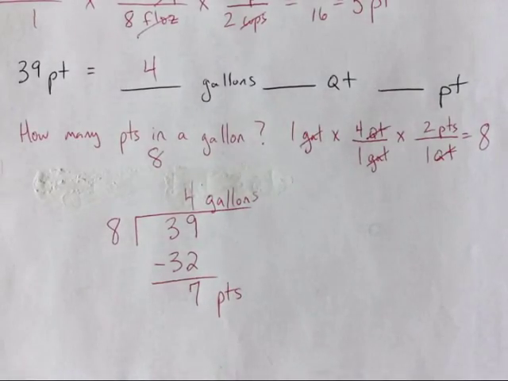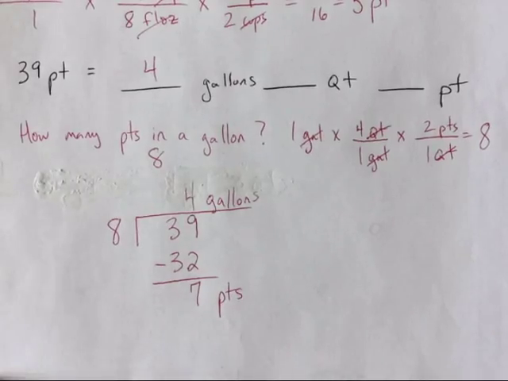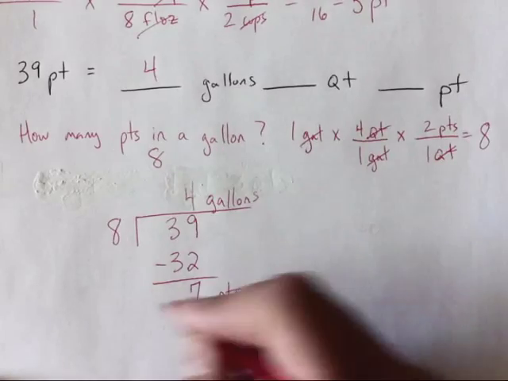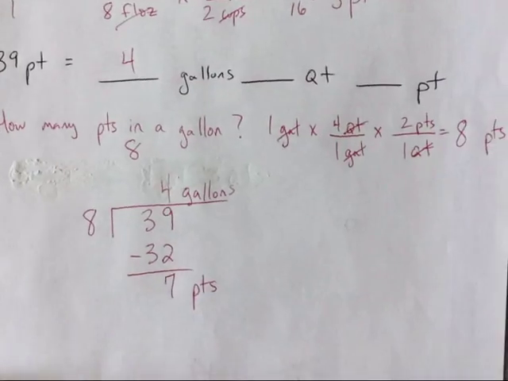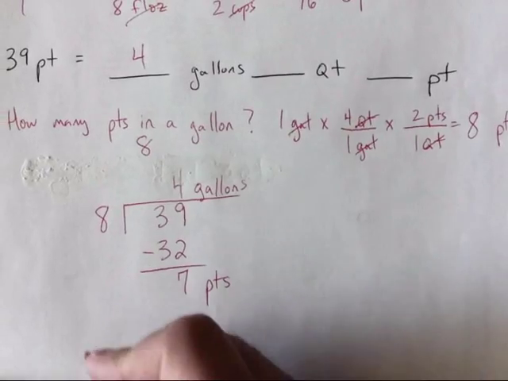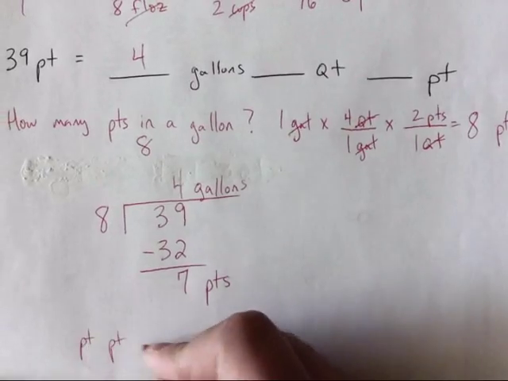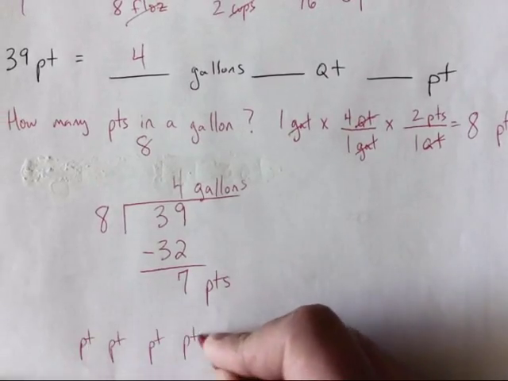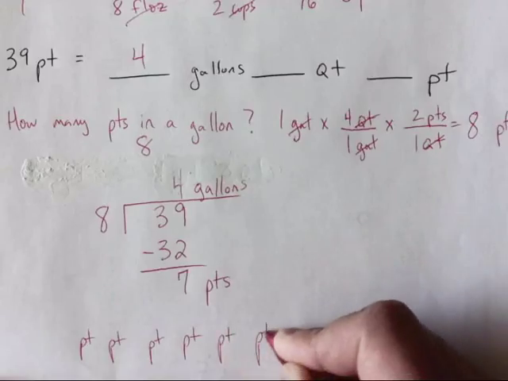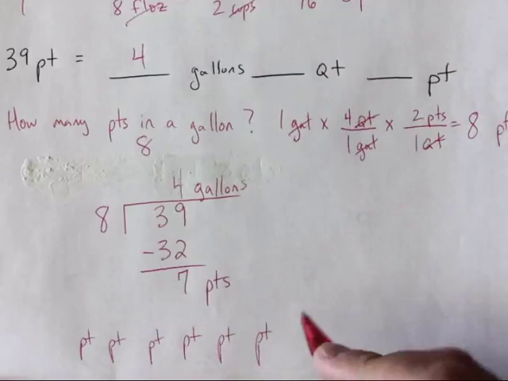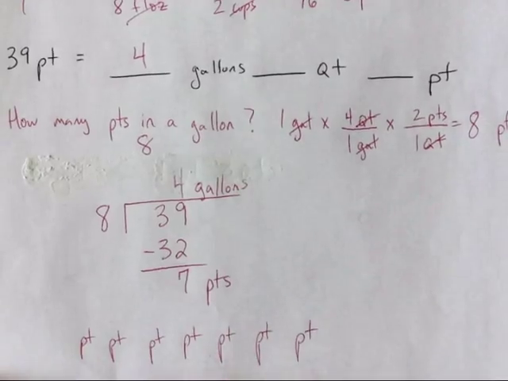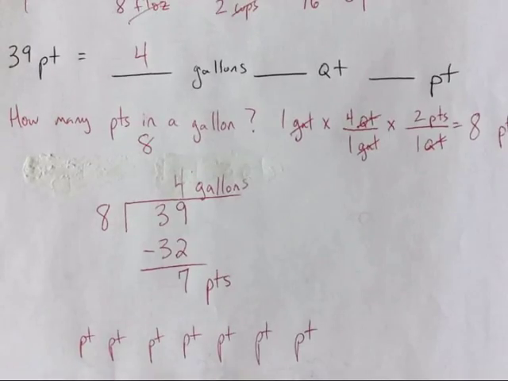Well, I can convert some of those pints into quarts. So we know that there are 2 pints in 1 quart. So if I've got 7 pints, I'll draw you a visual here. Pint, pint, pint, 1, 2, 3, 4, 5, 6, so I draw 7 pints. Every 2 pints can make a quart.